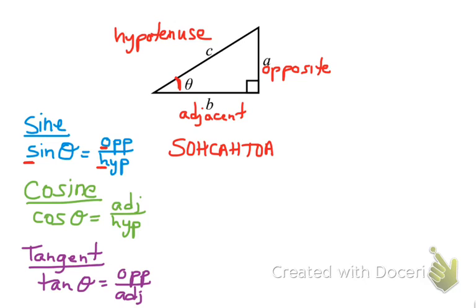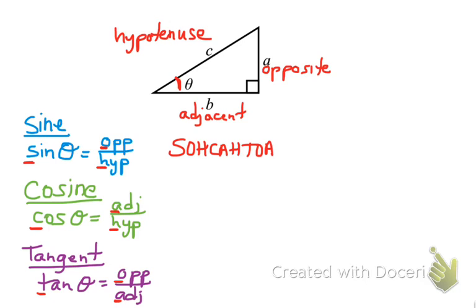CAH is cosine equals adjacent over hypotenuse. And the TOA part, tangent equals opposite over adjacent. If you can remember SOHCAHTOA, you should have these three trig function ratios down without any trouble.